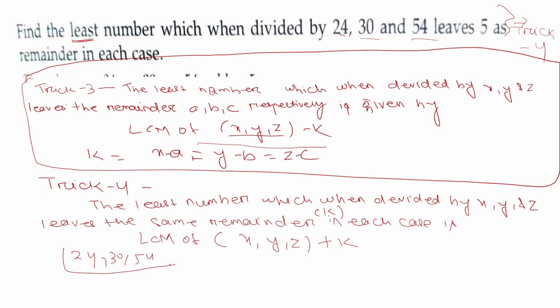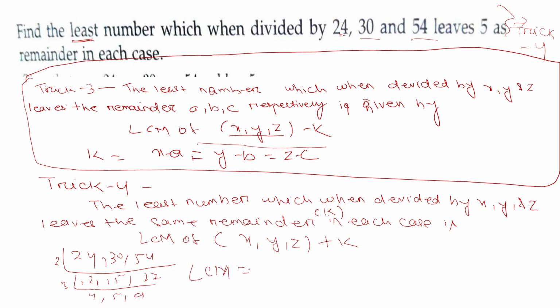Dividing by 2: 12, 15, 27, then by 3: 4, 5, 9.